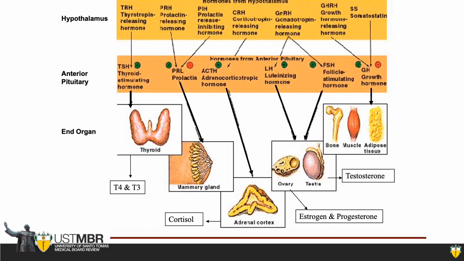And we'll go through this one by one. So each of those has its own purpose. So for the ovaries, it's estrogen, progesterone production in terms of the cycle and regulation.